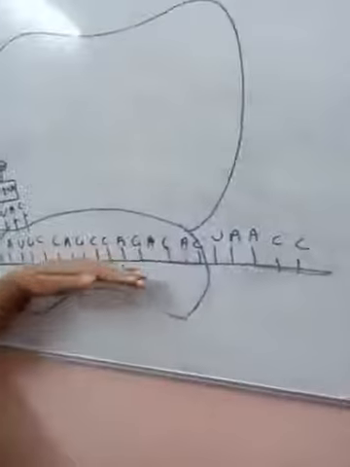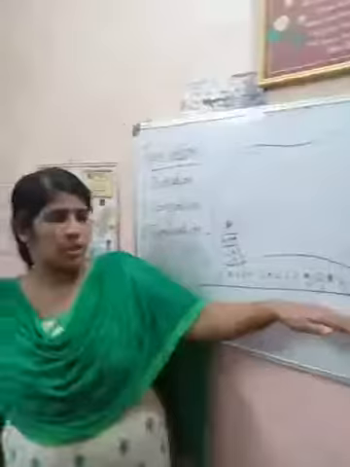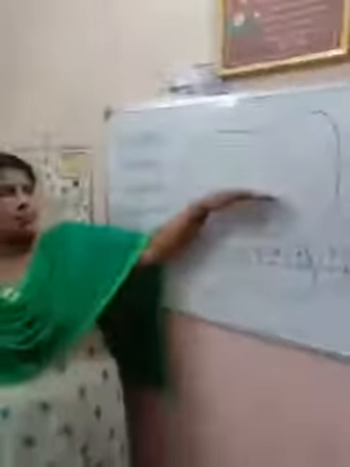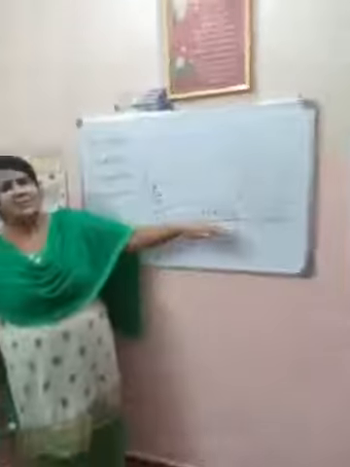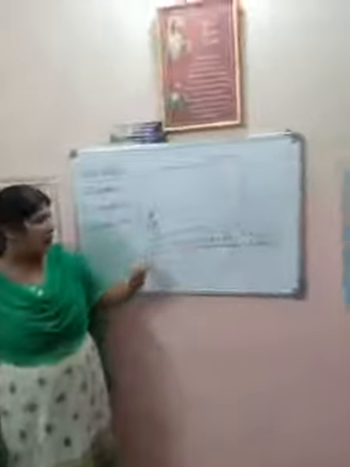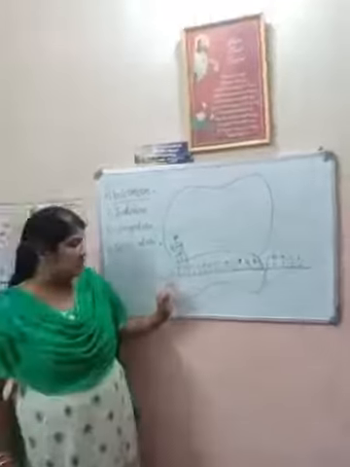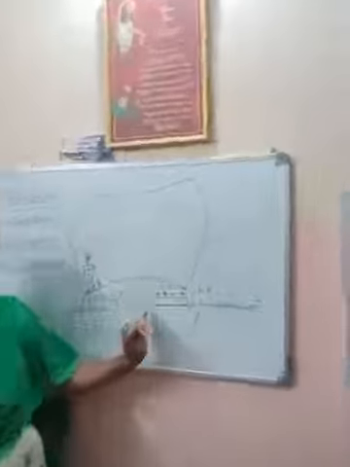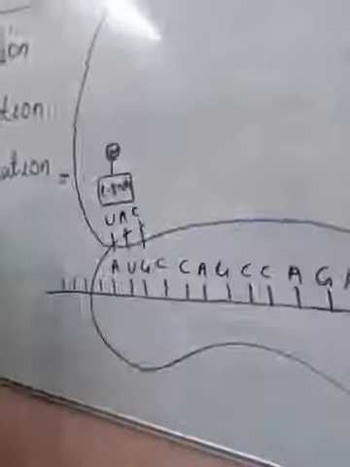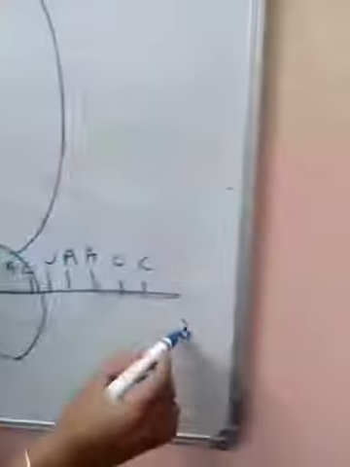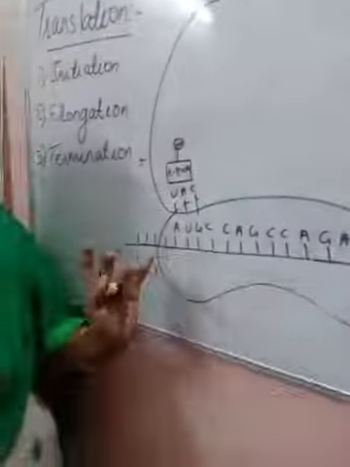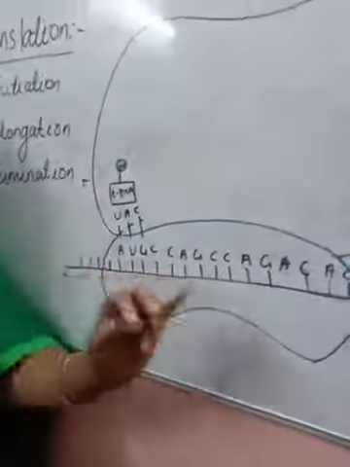After that, the larger subunit combines with the smaller subunit. The mRNA consists of different nitrogen bases and sequences, and it runs from 5' to 3' and is read from 5' to 3'.